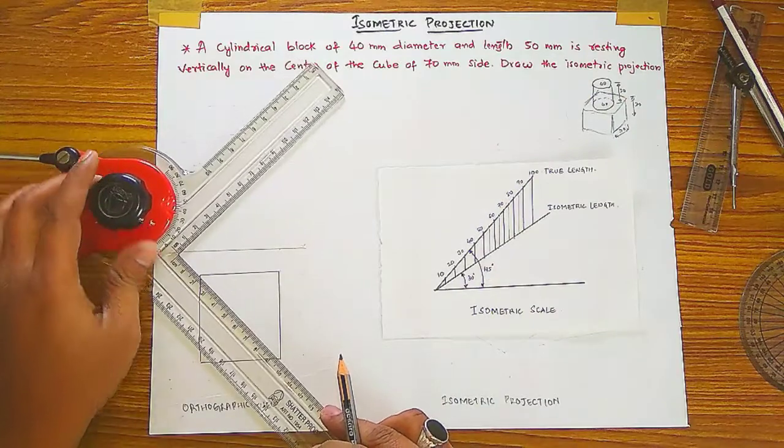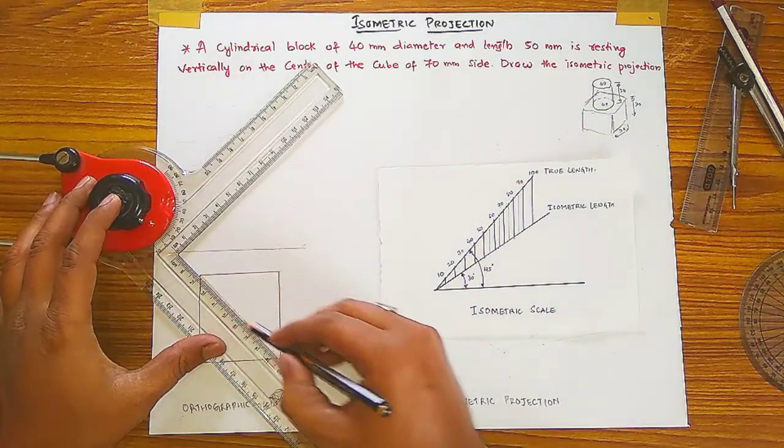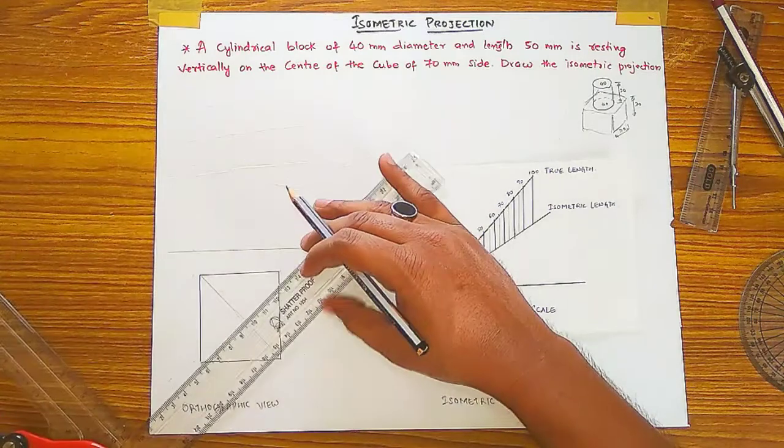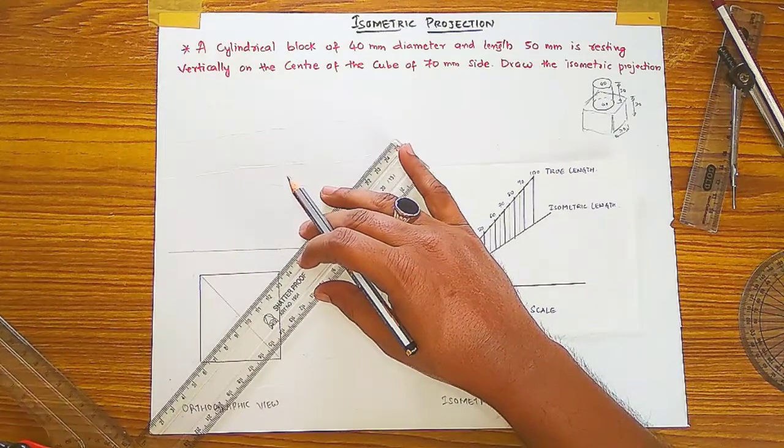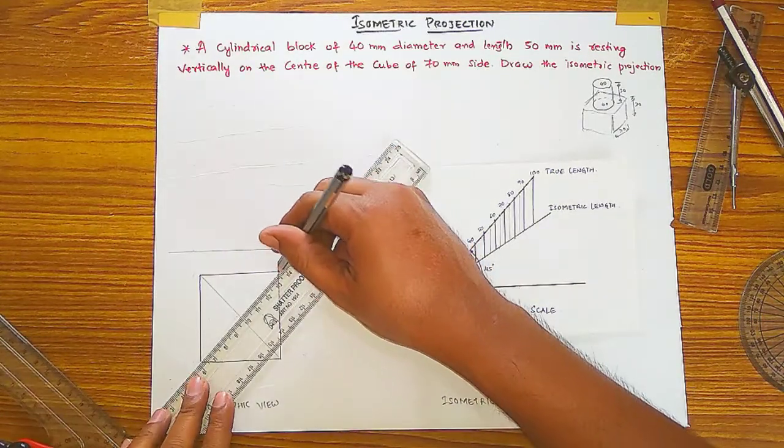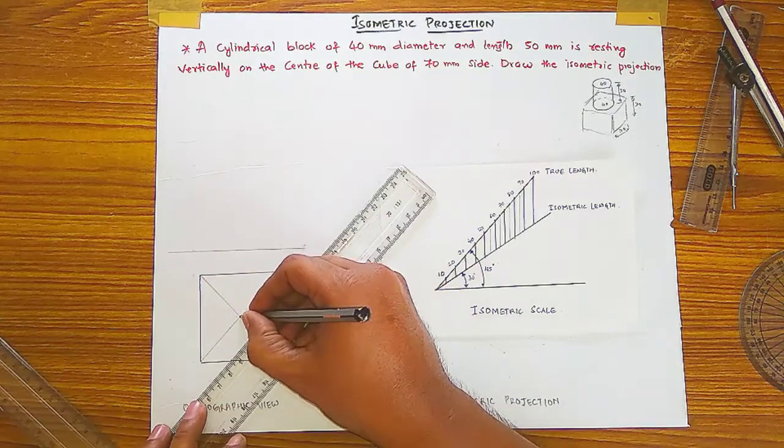Then to find the center point, draw the diagonals of this square like this. You will get the center point.